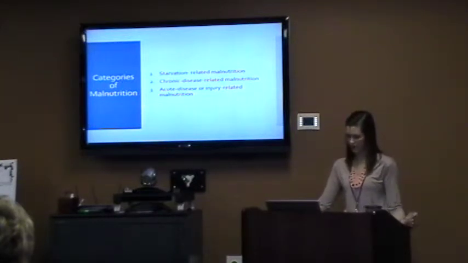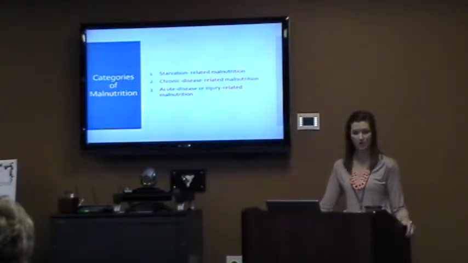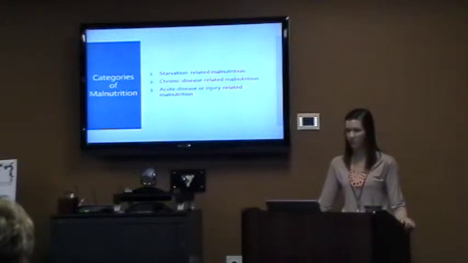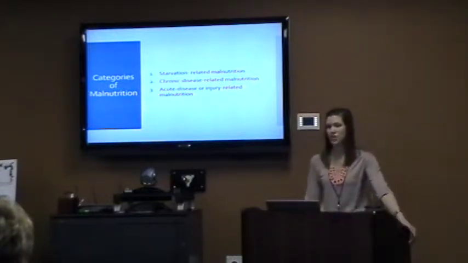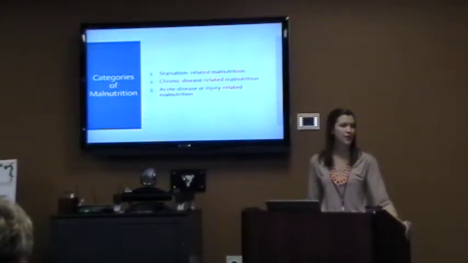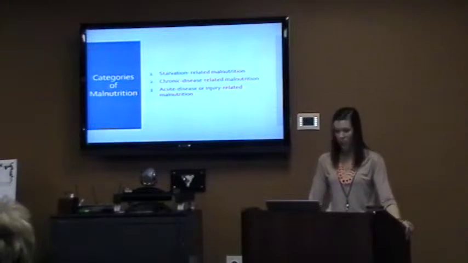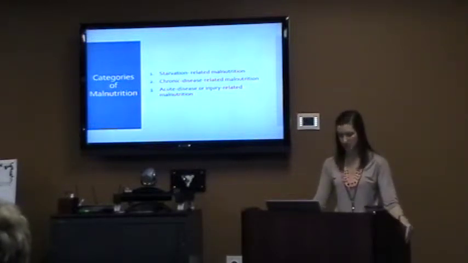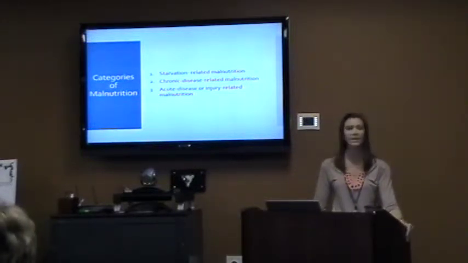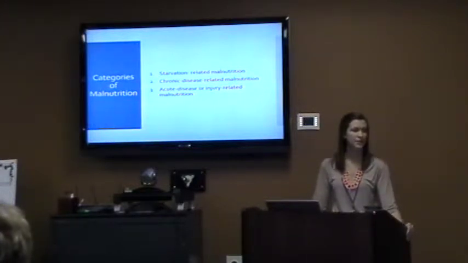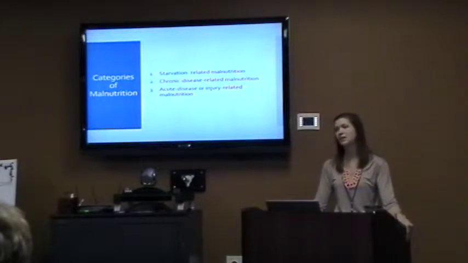So there are a variety of causes behind malnutrition. It's different in every case, pretty much. So starvation-related malnutrition is the classic type of malnutrition that everyone pictures in their head. And this would be like a primary diagnosis. So this would be something from anorexia or an economic condition that would lead to a decrease in food availability or food intake.